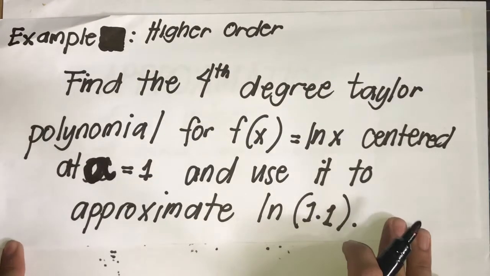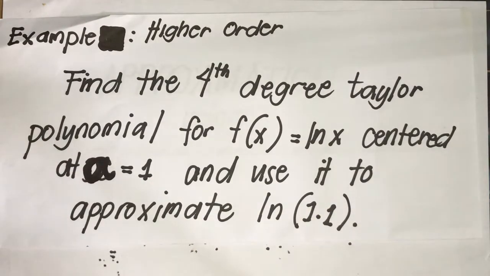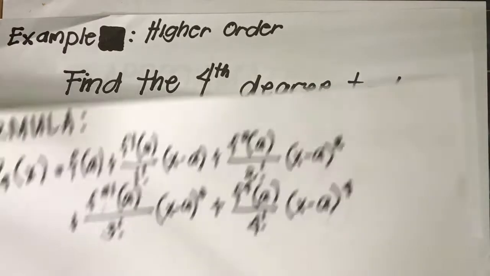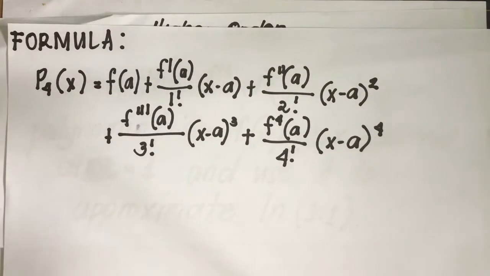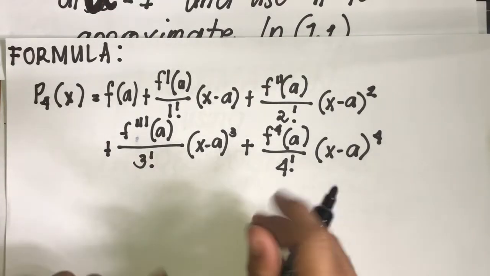Alright, so let me have another example here. Find the fourth degree Taylor polynomial for the function f(x) equal to ln x, centered at a equal to 1, and use it to approximate the natural logarithm of 1.1. So we now have the formula up until the fourth degree.